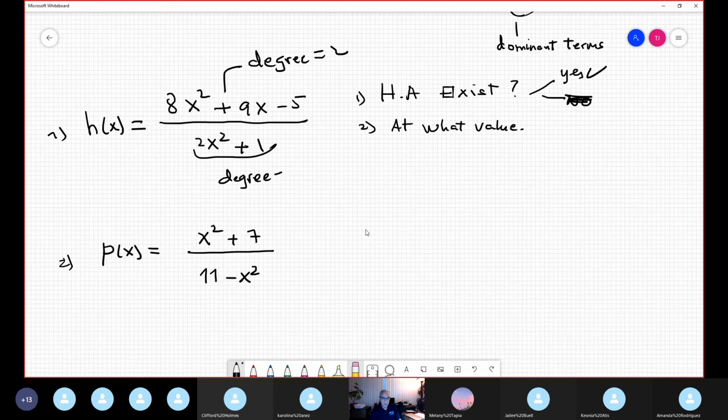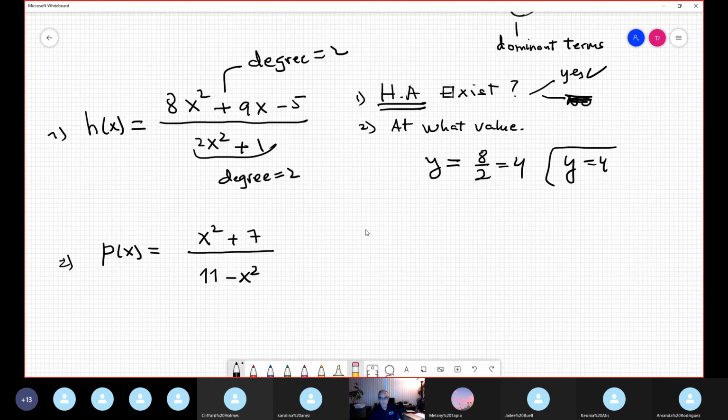And the professor says that whenever this happens, we have a horizontal asymptote. And my question is, at what value? What is y equal to? 8 over 2 is 4, and y equals 4. Okay, super.